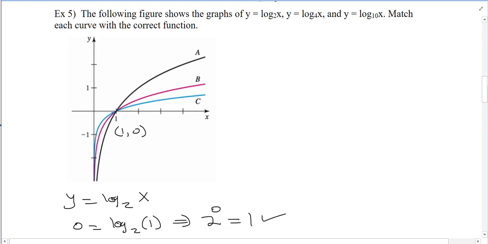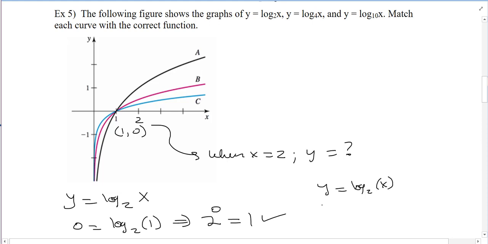And so for log base 2 of x, which one is it? So here's 2. So when x is 2, what's y? So plug it in, right? I know y equals log base 2 of x. I don't know what y is, so leave it. Log base 2 of 2.